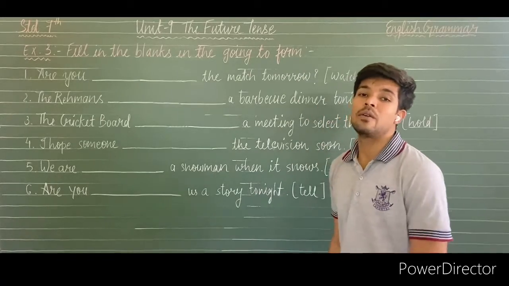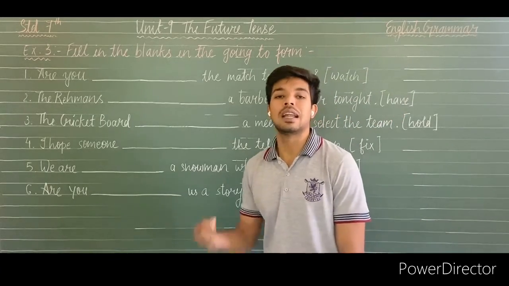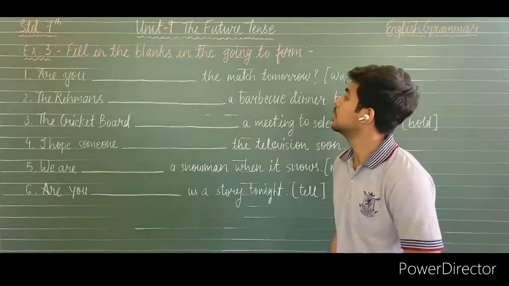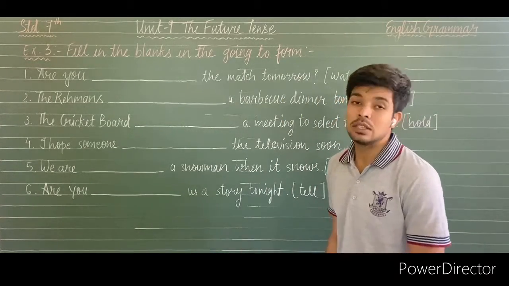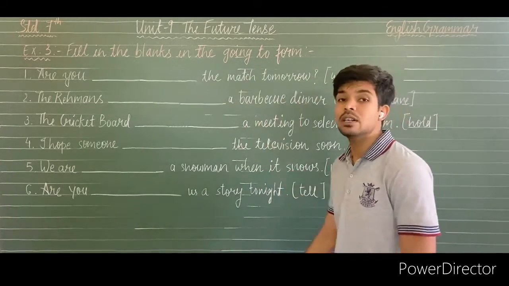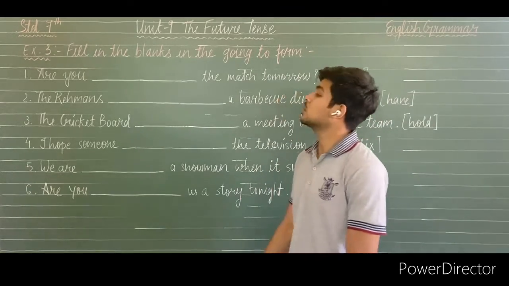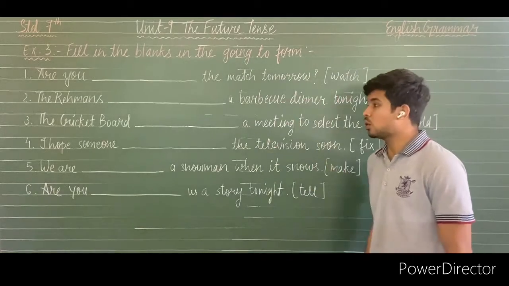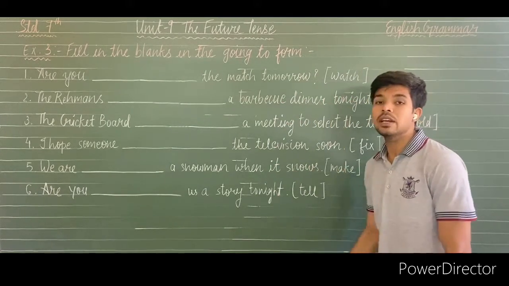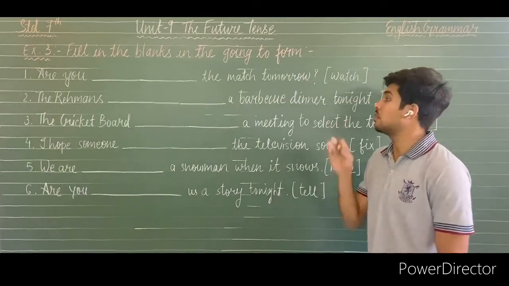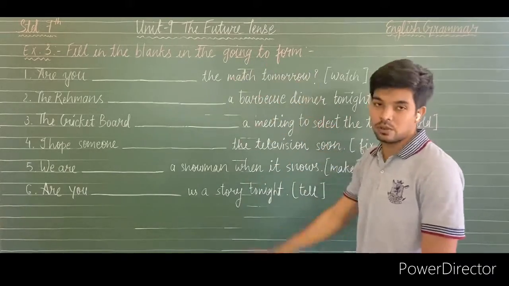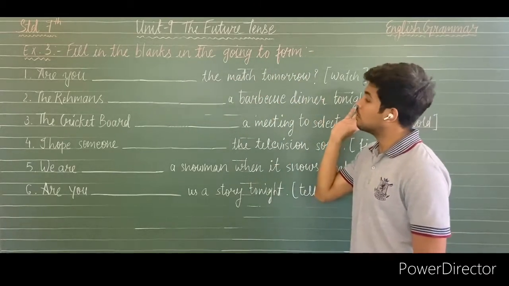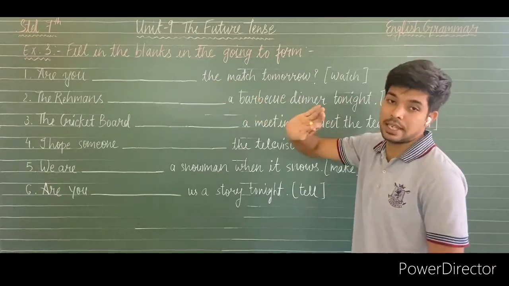So now we are going to solve our last exercise of this chapter, that is related to the going to form of the future tense. So first, are you blank the match tomorrow? In bracket we are having the verb watch, and we have to use the going to form of the verb watch in this sentence.